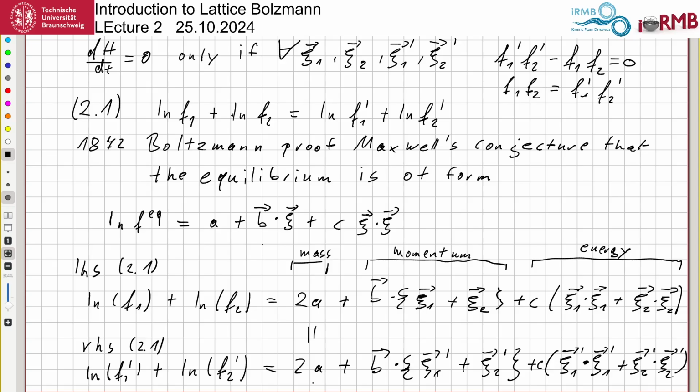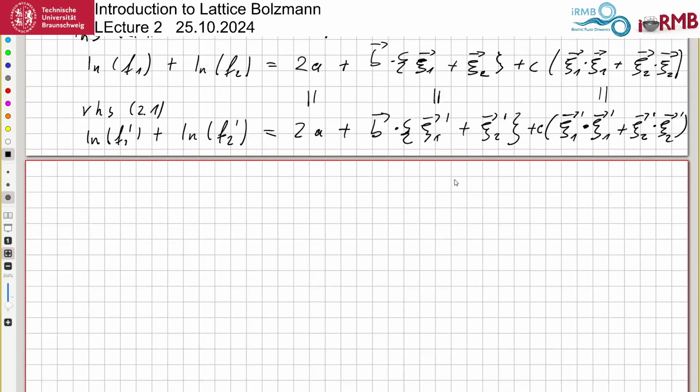These two things have to be equal, these two things need to be equal, and these two things need to be equal. One describes the state before the collision and one the state after the collision. I guess it would make sense to everybody that mass does not change in the collision, momentum does not change in the collision, and energy does not change in the collision. We need a new page.